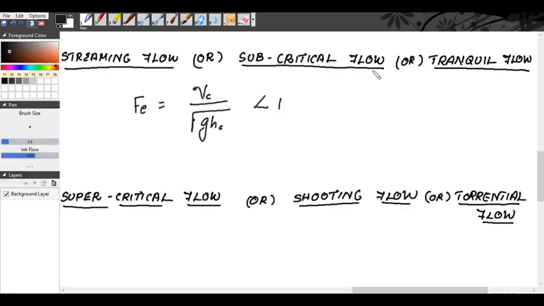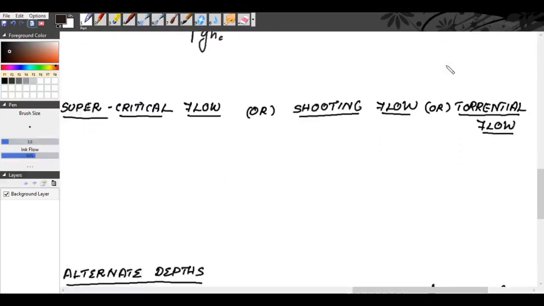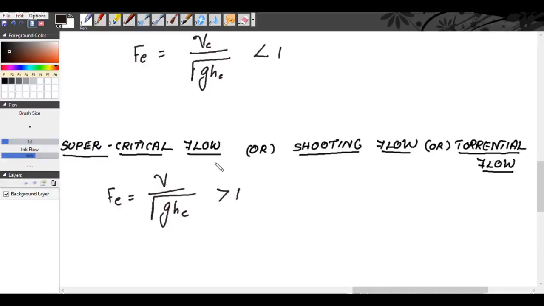It is also known as a streaming flow or tranquil flow. Now for supercritical flow, the Froude number, V by square root of g into Hc, will be greater than 1. Then the flow is called supercritical flow or shooting flow or torrential flow.